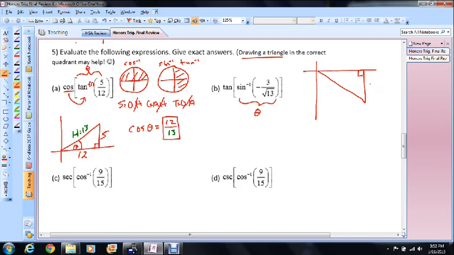Sine is opposite over hypotenuse, so I'm going to put my 3 and my square root of 13. Okay, sorry about that.